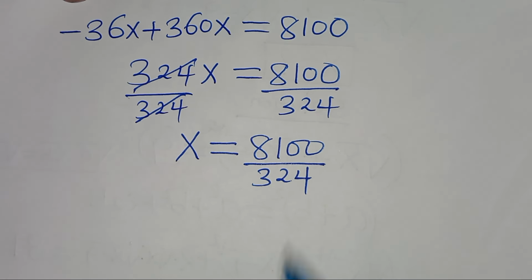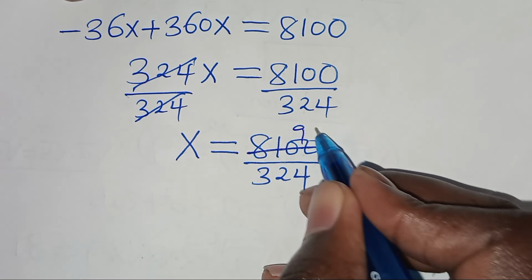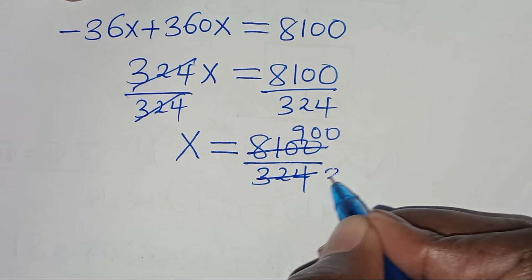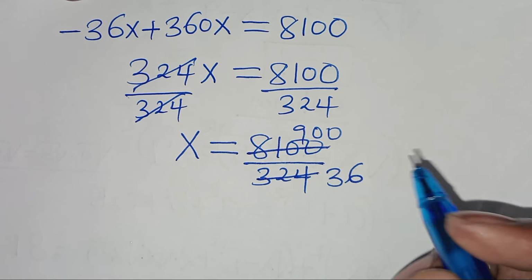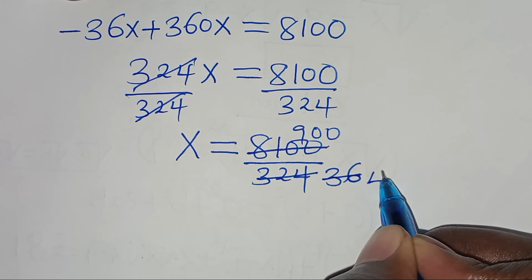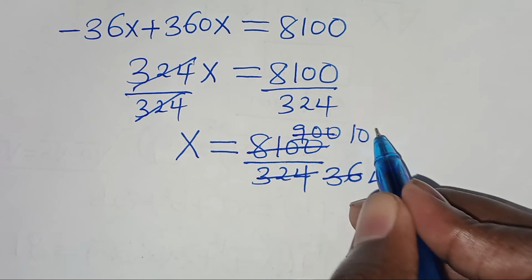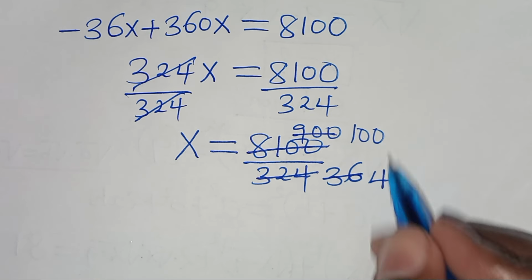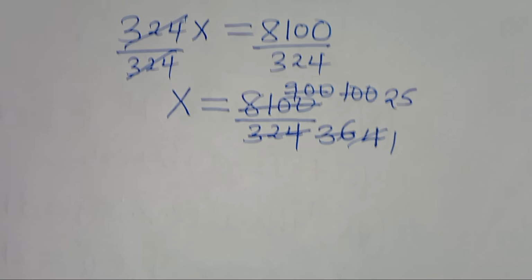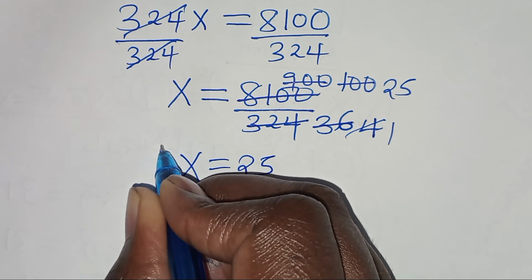Let's simplify. By 9, 8100 divided by 9 is 900, and 324 divided by 9 is 36. Then we can divide again: 36 divided by 9 is 4, and 900 divided by 9 is 100. 100 divided by 4 is 25. So x is equal to 25. This is the value of x.